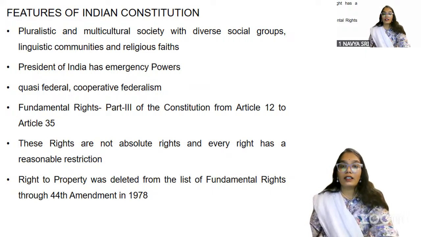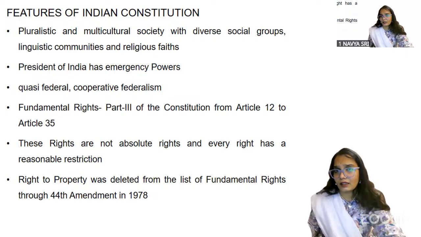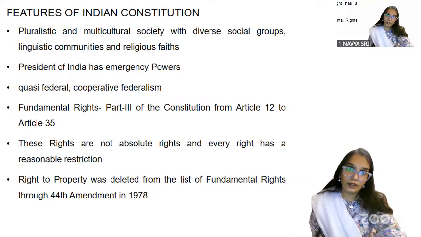So this is the federal feature with unitary bias. You can see it. Then quasi-federal and cooperative federalism. K. C. Wheare, a political analyst, says India is a quasi-federal structure. He says that it's quasi-federal, it's not totally federal. We can see it has some of the strict unitary features also.